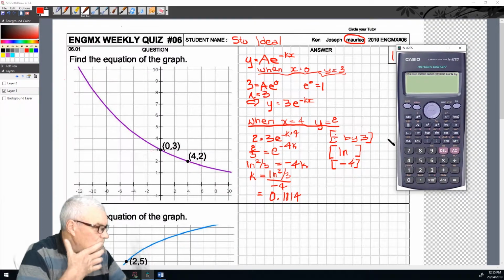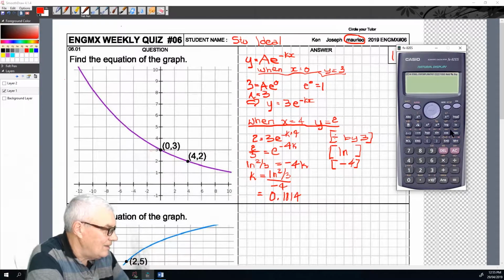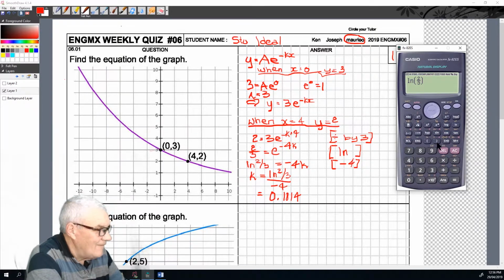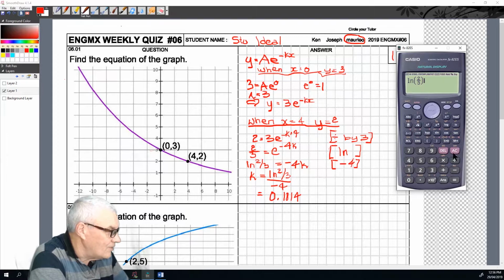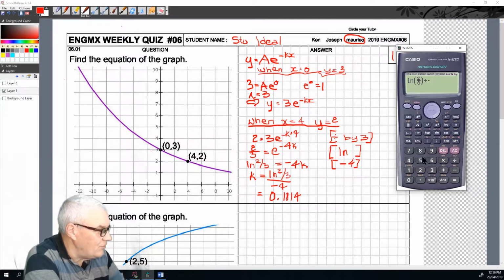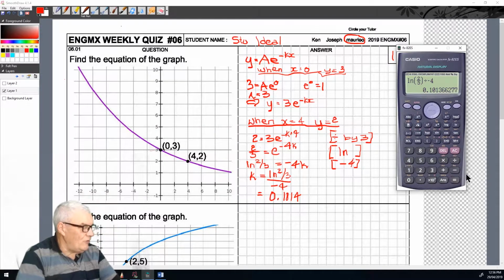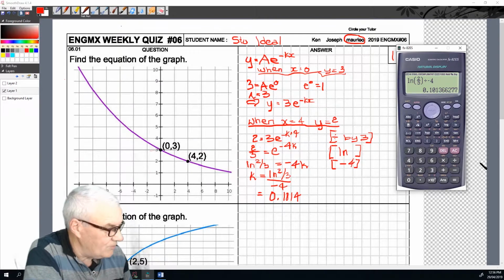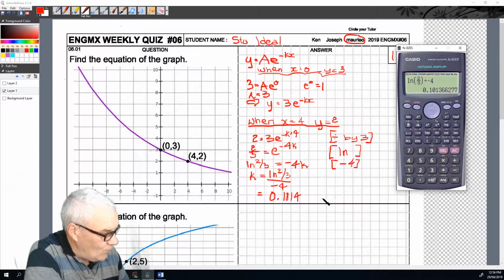And let's, all right, so let's go, where's log 2/3, 2/3, close the brackets, log of 2/3 divided by, this might not work, I had a bit of trouble with it, -4 equals, oh, there we go, 0.1013. I've got 0.1014.